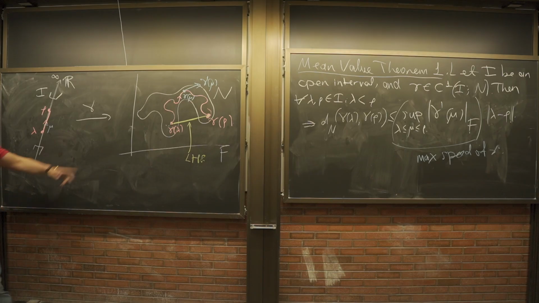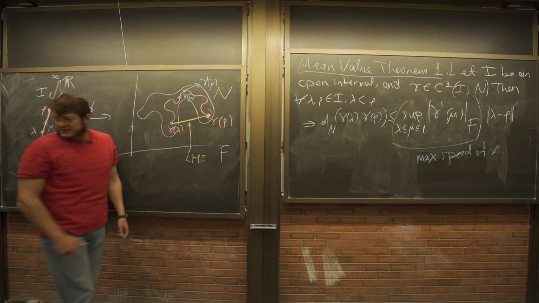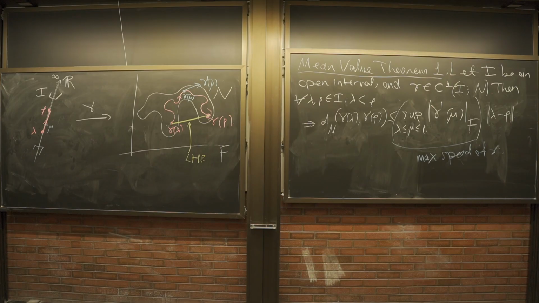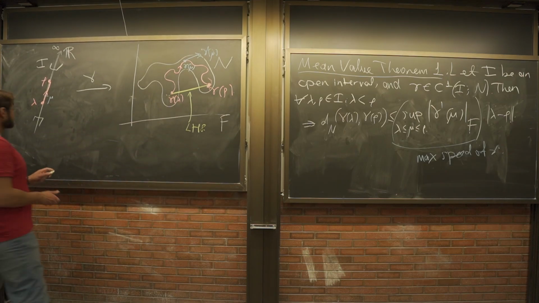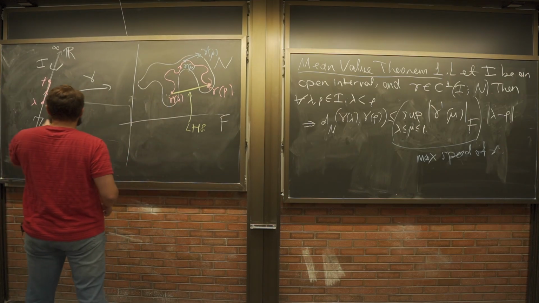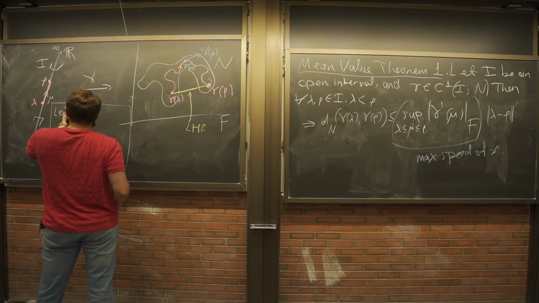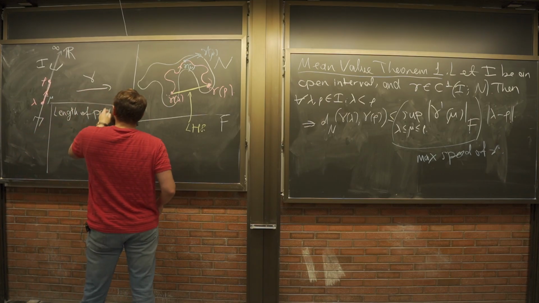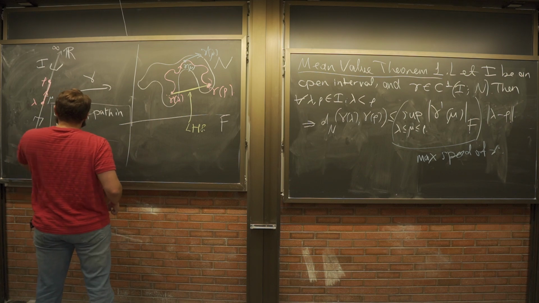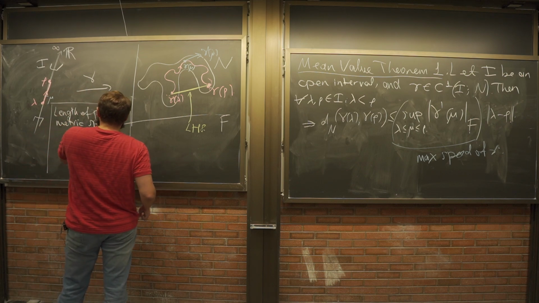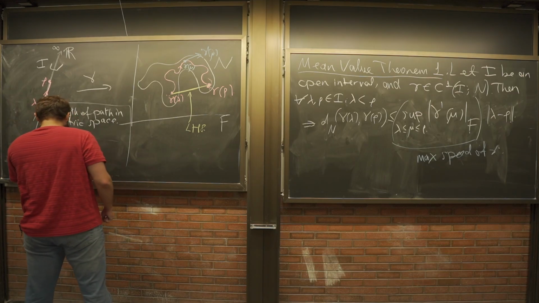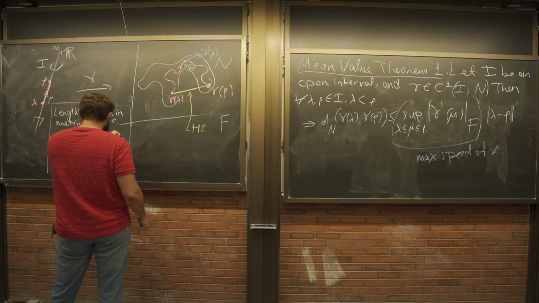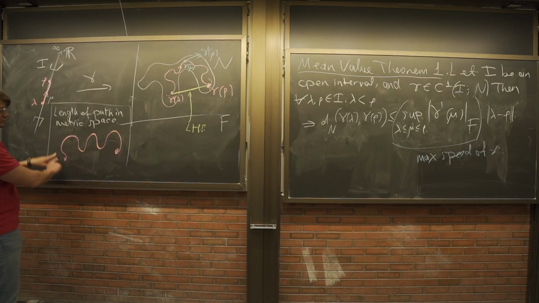And how do you do this? Well, you look at the path, you take finitely many points. Let me do this again. Say I have here a continuous path that goes from here to there.